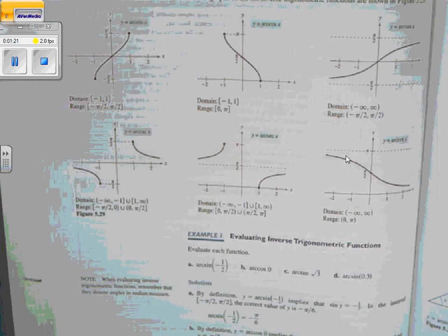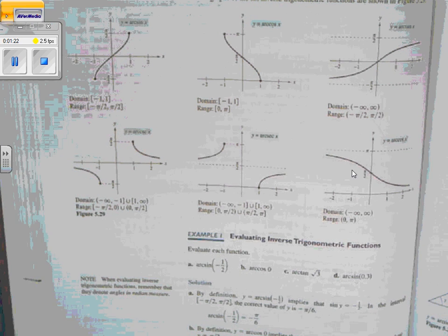Well, the original is restricted from negative pi over 2 to pi over 2, but that becomes the new range. And this is cosine, this is arctan, this is arccosecant, this is arcsecant, and this is arccotangent. Just a reminder of those restrictions.